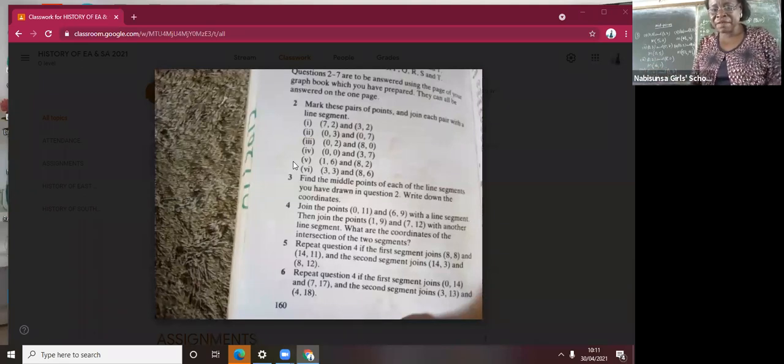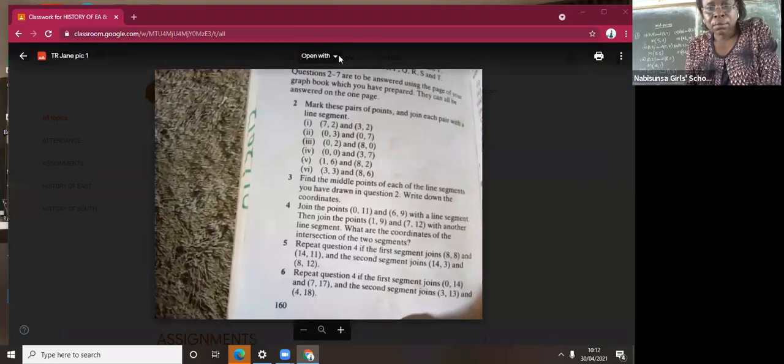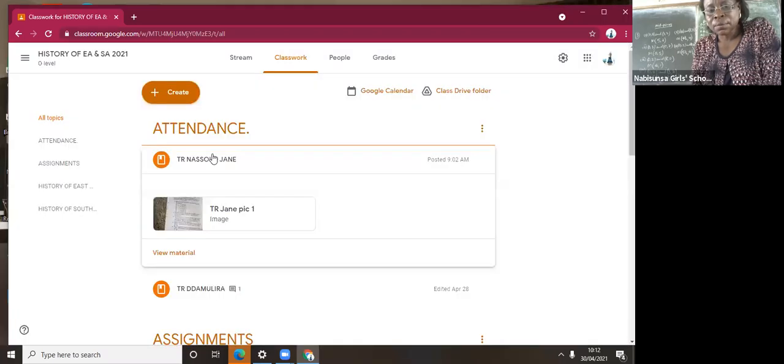Now, can you try number 5? Who can read it for us? If the first segment joins (8, 8) and (14, 11), and the second segment joins (14, 3) and (8, 12).